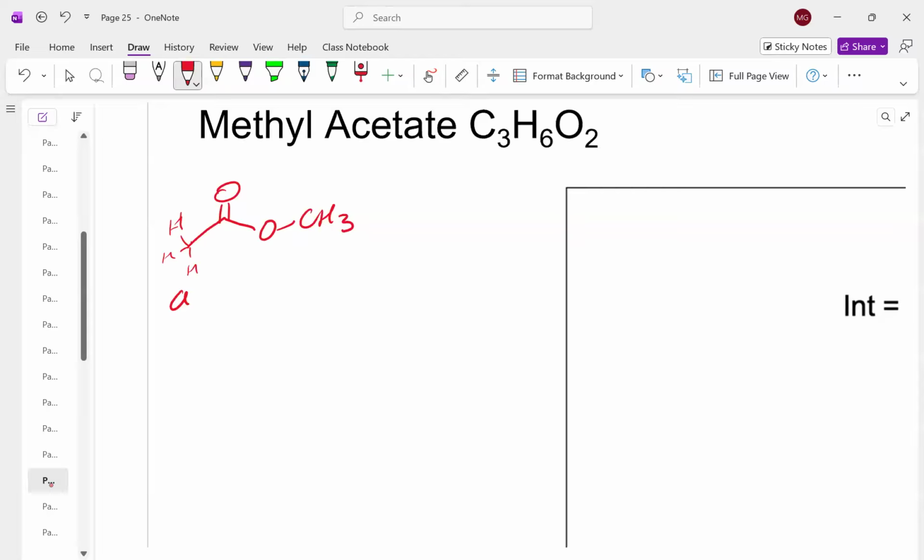That's a CH3. This one over here is a CH3, so it's got to be equivalent, right? They're both CH3s. Hopefully you're yelling at your screen right now and saying, no, they're not equivalent, because A hydrogens are next to a carbonyl, and these hydrogens are next to a singly bonded oxygen, different chemical environments.